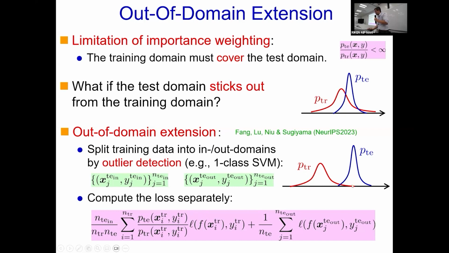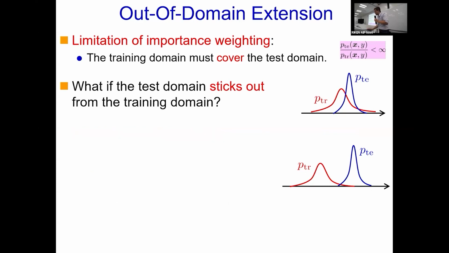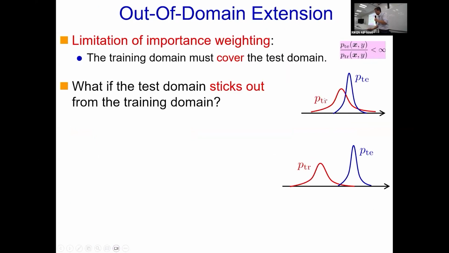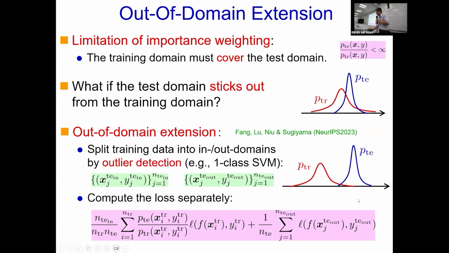Then for test points in the test region, pure test points, we directly compute the loss values over the test points. By the way, this is still a joint distribution shift, and we assume that we have a small number of test data. So that's why we can utilize pure test points as test points and just sum them up. Okay, this actually works quite well in practice. So I think this is the first method we can really handle out of domain extension in this context.